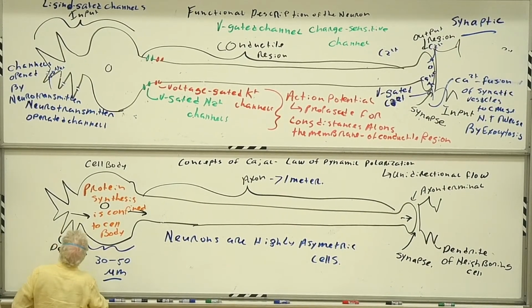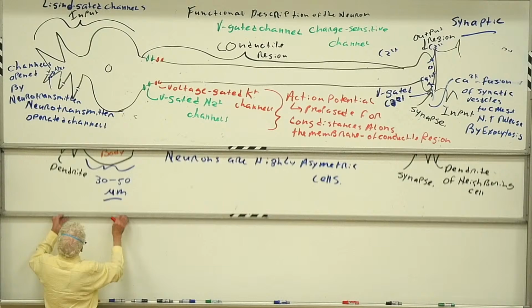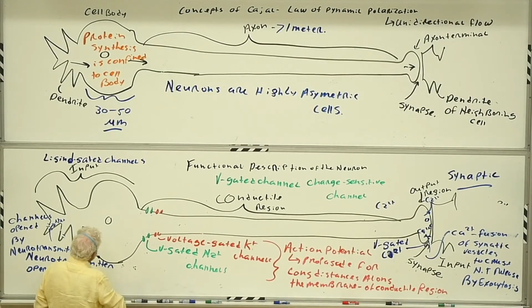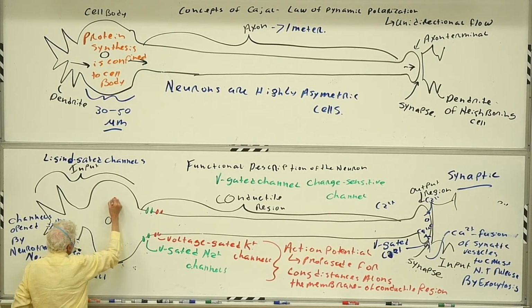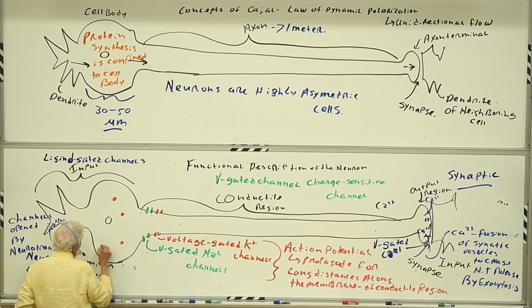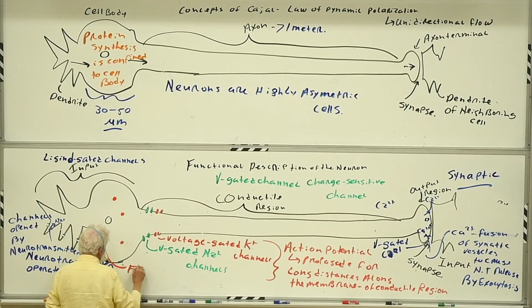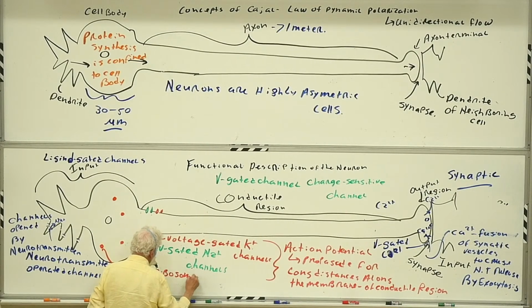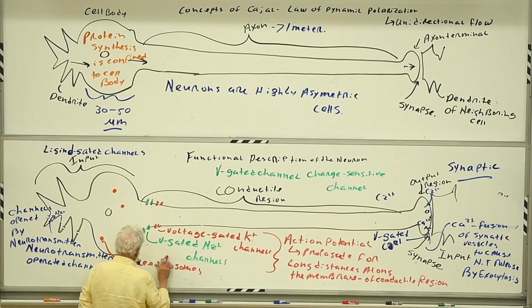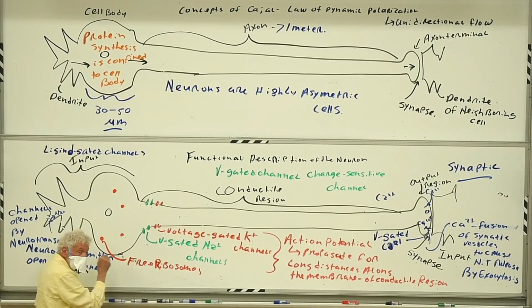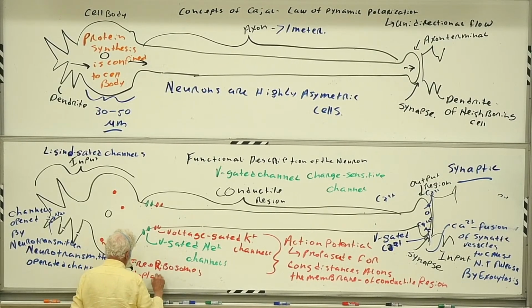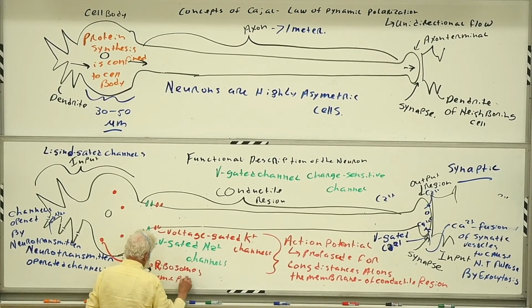In the cytoplasm, let me go up to the other one. So I have two drawings. In the cytoplasm out here, there will be free ribosomes. And as we learned in cell biology, these free ribosomes are responsible for making cytoplasmic proteins.